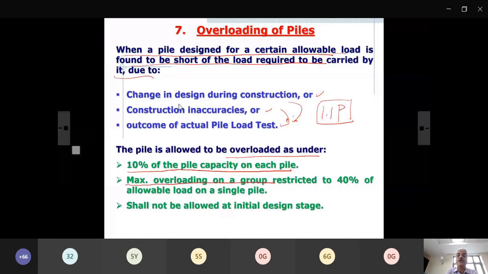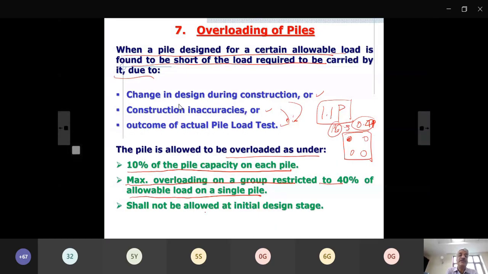Maximum overloading on a group of piles is restricted to 40% of allowable load on a single pile. So if there are 4 piles, maximum overload in this group will be 40% of allowable load on a single pile. Means if this was P, then on a group maximum you will allow 0.4 P. Whatever group capacity, let us say Pg was group capacity, then you can allow 0.4 times P, that much overloading.